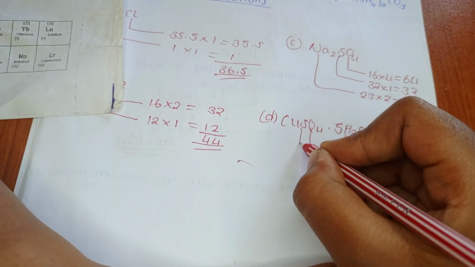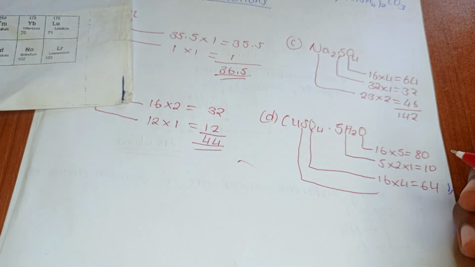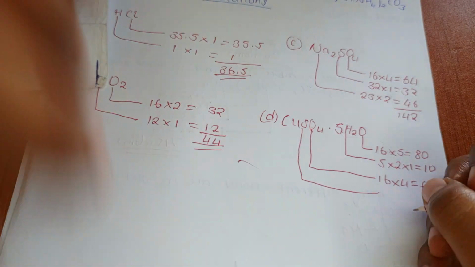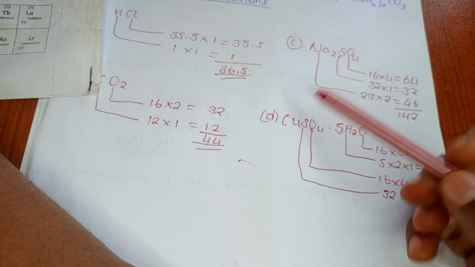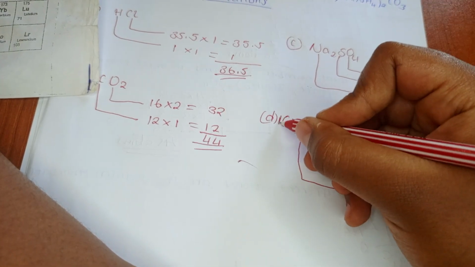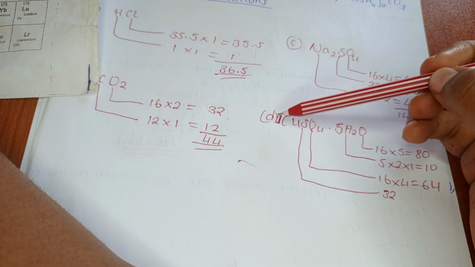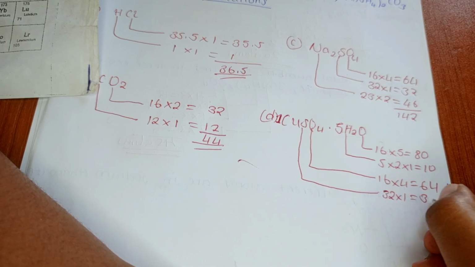Then here, sulfur, has a mass number of 32. So we're going to say 32 by, there's always a 1 here, so I'm going to indicate it there. So 1 by 32, which will give us 32.